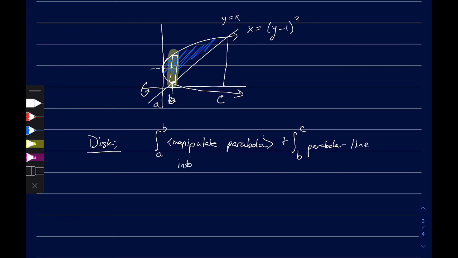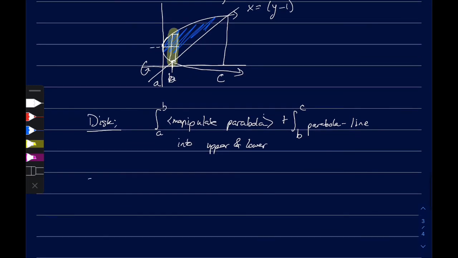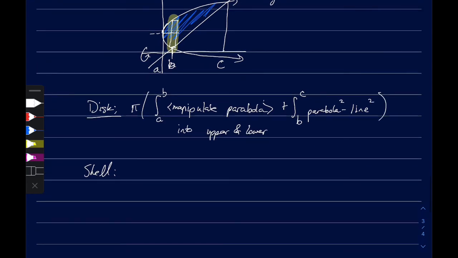We'd have to manipulate the parabola into the upper and the lower portions. So that would be a lot more algebra to work with, whereas if we just use the shell method, we would have, what would that be, pi times the parabola squared minus the line squared.